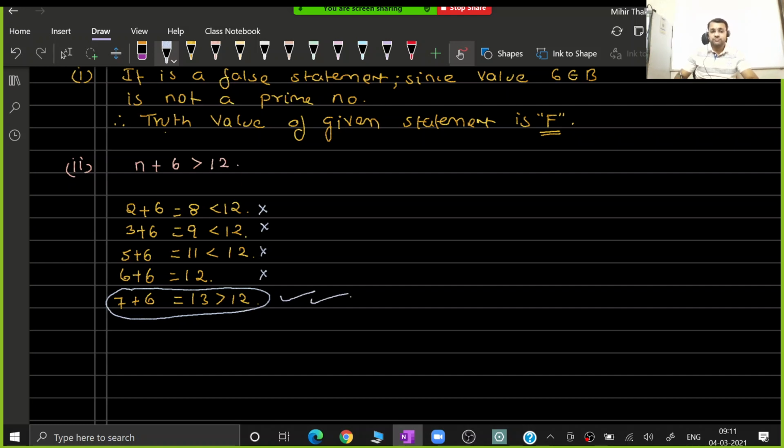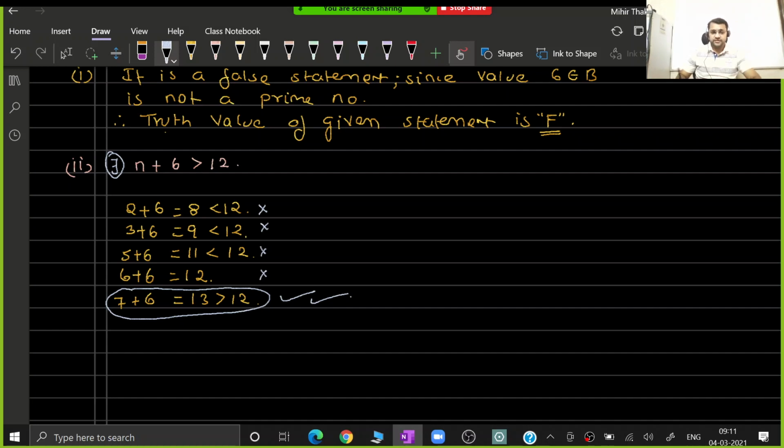And here the symbol used is there exists. So when I have the symbol or quantifier there exists, if any one value satisfies this condition, I have to say that the truth value of the statement is true.